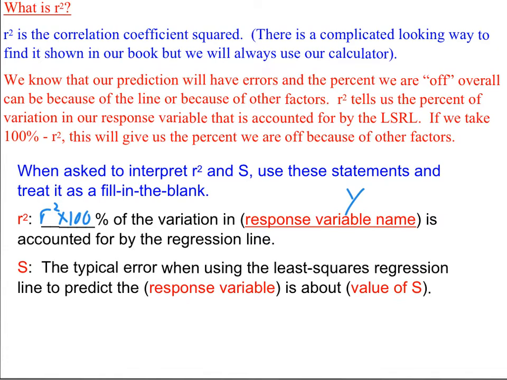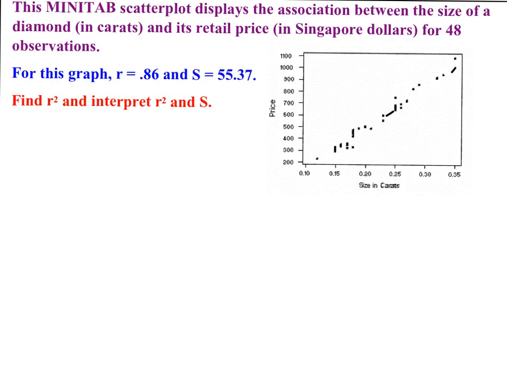Okay, let's look at an example here in context. All right, so we have R and S. The very first thing we should do is R squared is 0.86 times 0.86, or 0.74. That doesn't give us a least squares regression line, but it'd probably look something like that.